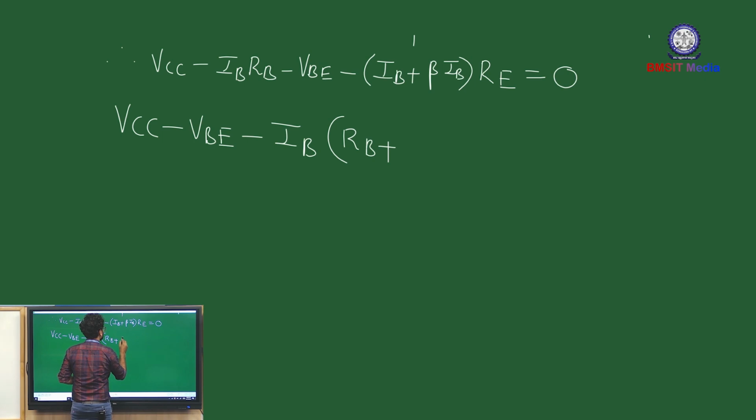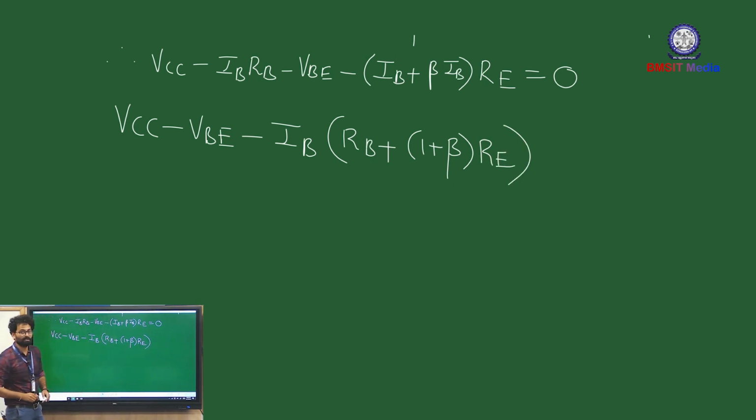So you can keep RE outside the bracket. Within the bracket you are left with 1 plus beta times RE, and the whole is multiplied with IB is equal to 0.